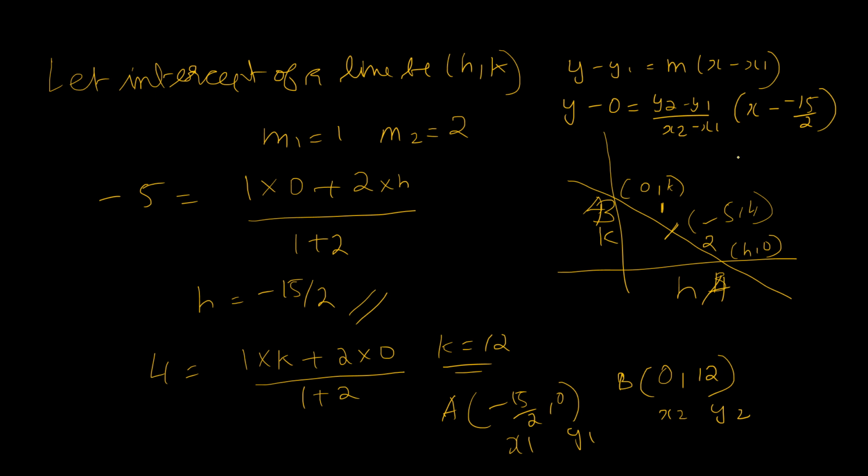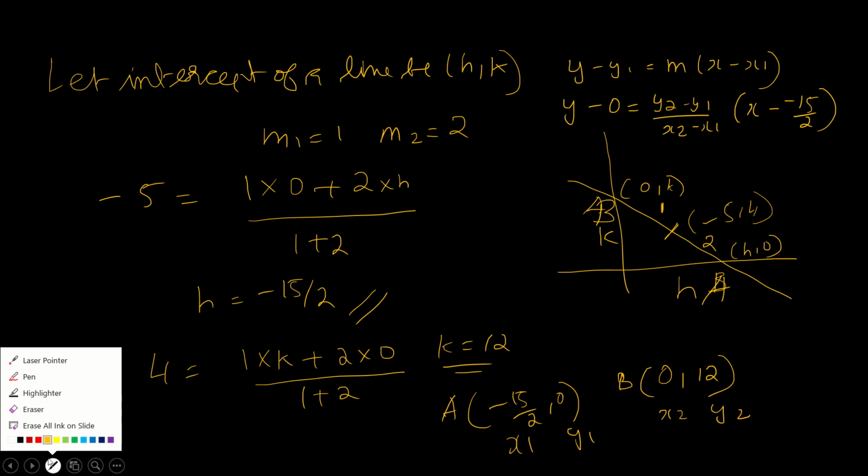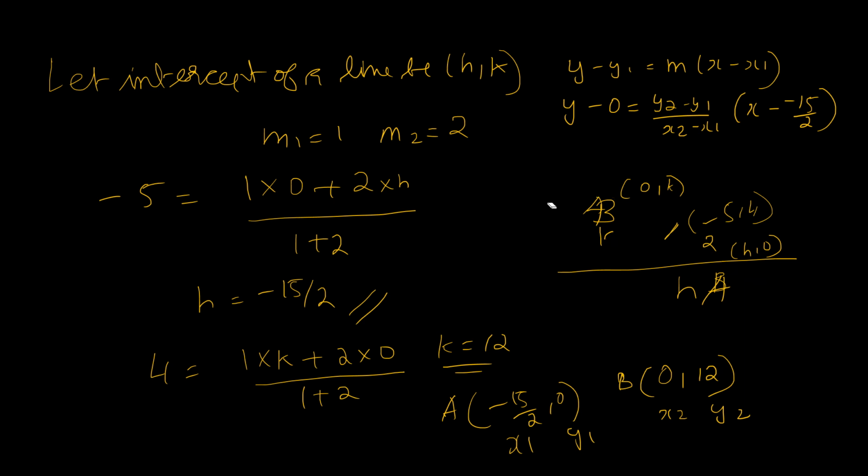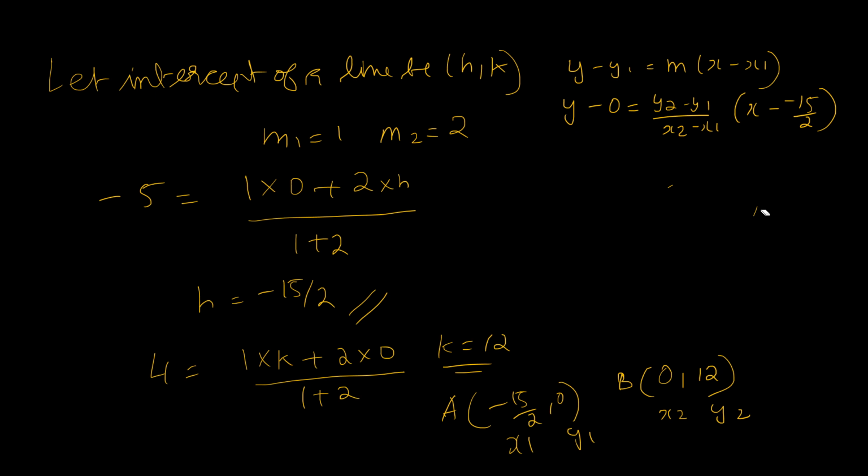So we get the equation as y equal to (12 minus 0) by (0 plus 15 by 2) into (x plus 15 by 2).